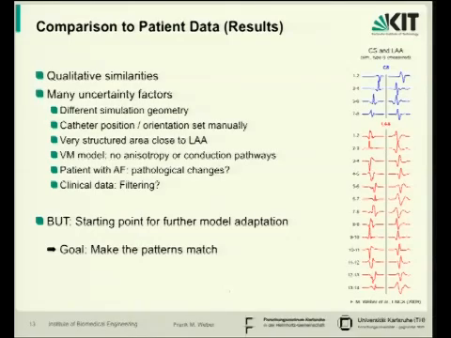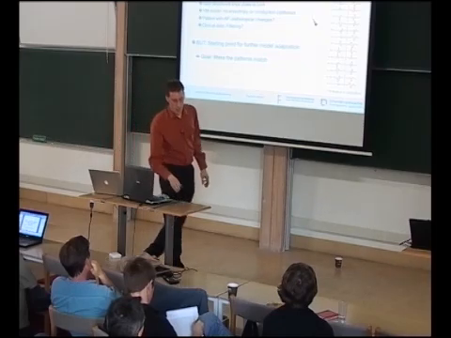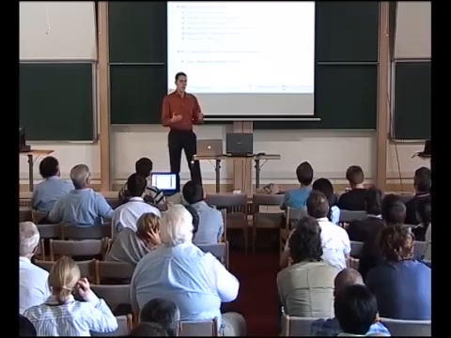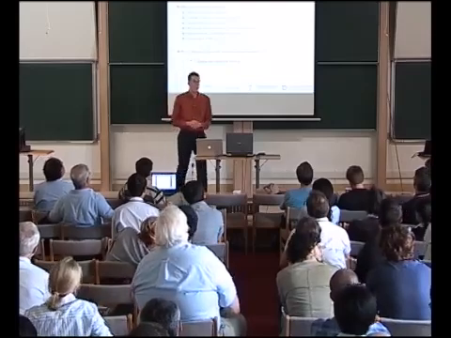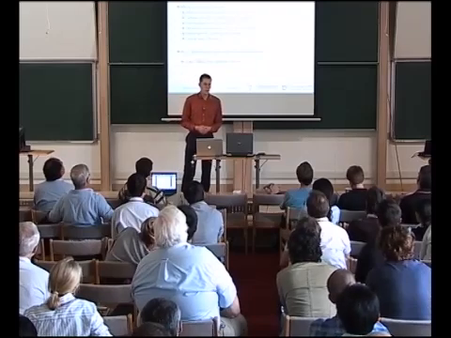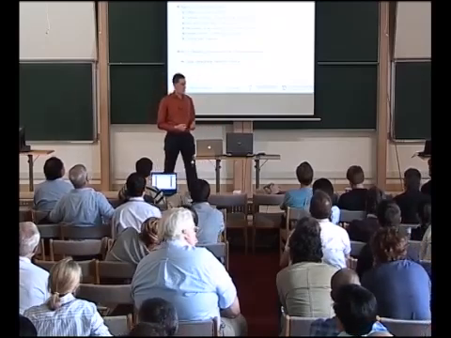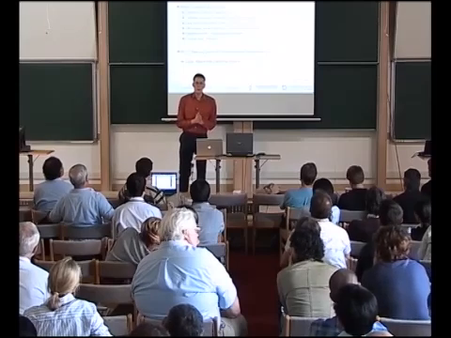We just looked at the simulated and the measured data. So you can see the simulated data in the left column here, and the measured data in the right column. And you can see there are some qualitative similarities, like some of the waves are looking similar, and also this activation pattern, where you can see that this region is activated earlier than this region, is similar. But of course, there are also many differences in other signals. But I mean, there are so many uncertainty factors here.